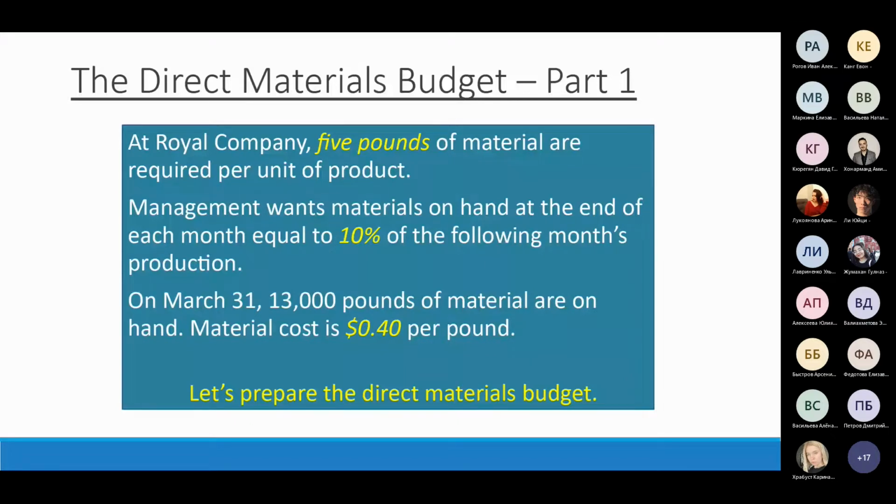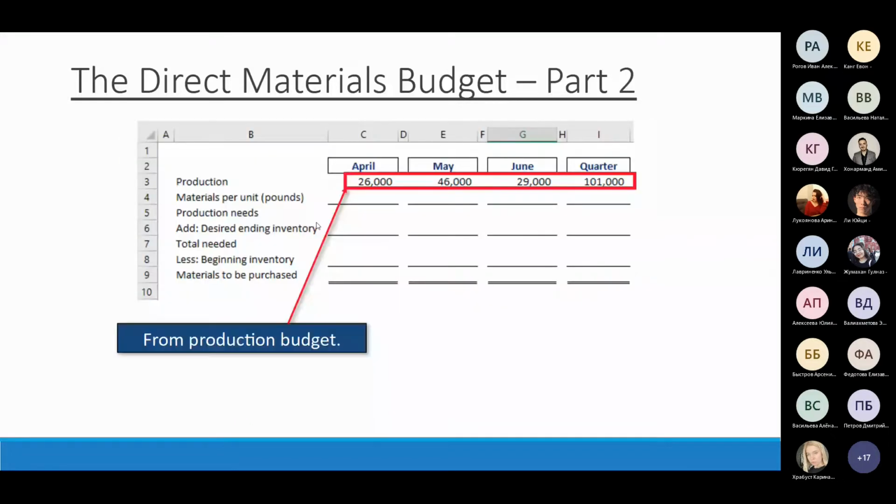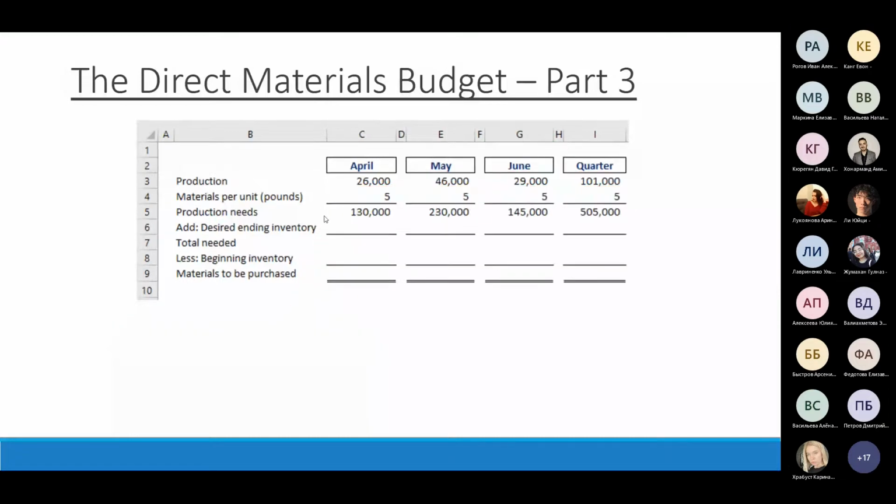We start with the production volume that we can take from the production budget. Then we calculate the number of pounds needed for each unit and multiply, calculating the production needs.